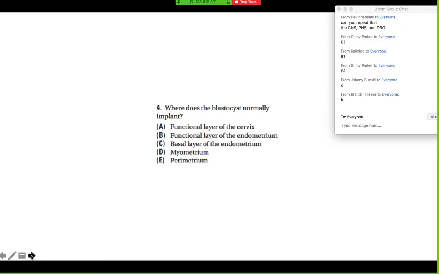Yeah, I know it's going to be divided between B and C. Yeah, so the correct answer is B. And the functional layer of the endometrium, that's the layer that's being sloughed off. The basal layer is the layer that's being regenerated during each menstrual cycle.